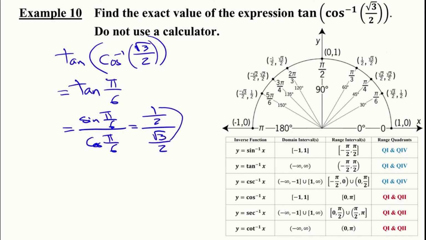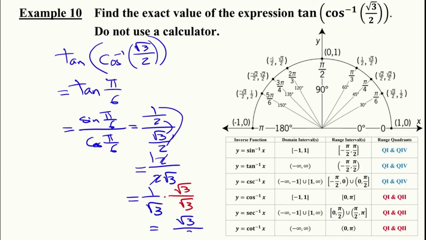We know it's going to be the outer product over the inner product. So it's going to be 2 over 2 radical 3. The 2's will cancel out, leaving a 1. And we have 1 over radical 3, and of course we always rationalize our answers. So we're going to multiply by square root of 3 over square root of 3. We finally end up with square root of 3 over 3 as our final answer.